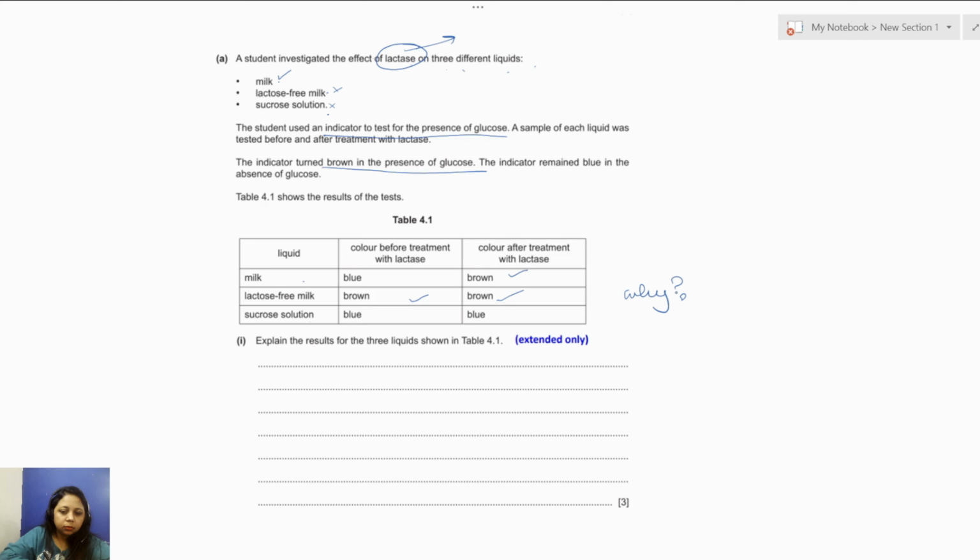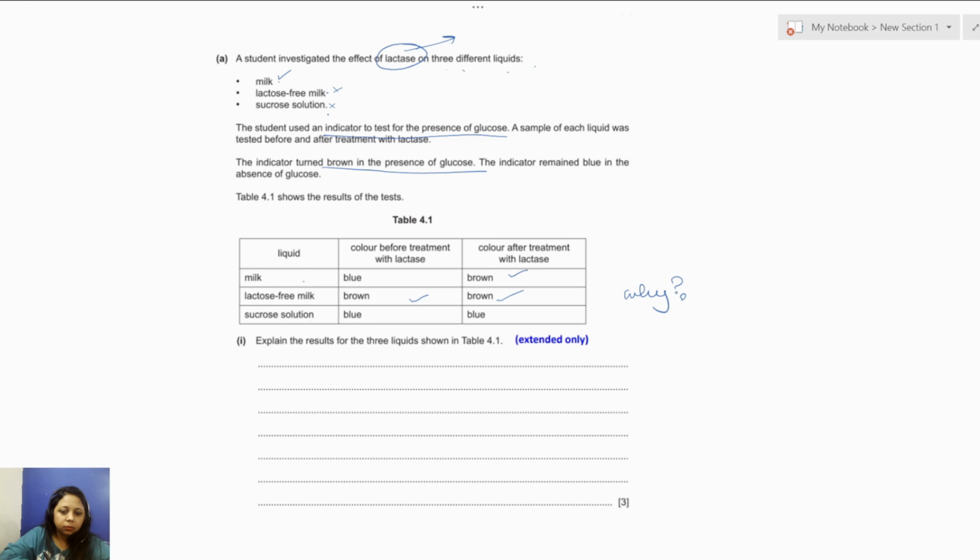That's why the result is positive before and after the experiment in both cases. In the third one, sucrose has nothing to do with lactase. Sucrose is broken down with the help of the sucrase enzyme, not lactase. That's why the result is negative before and after treatment.